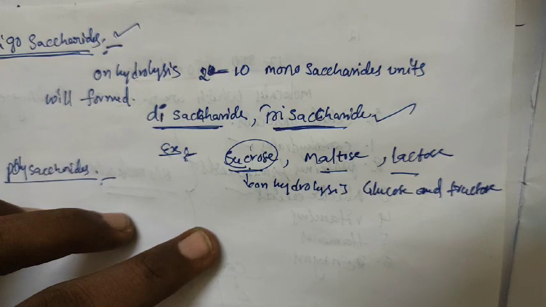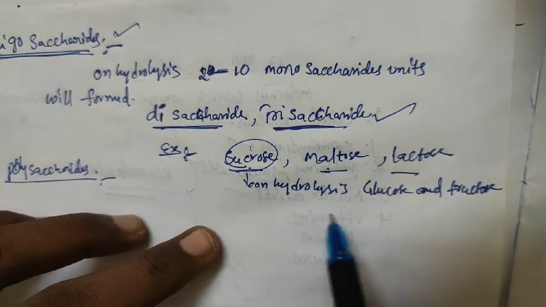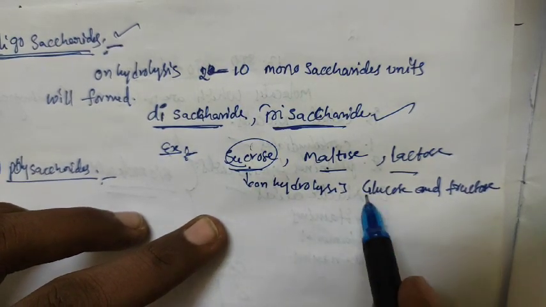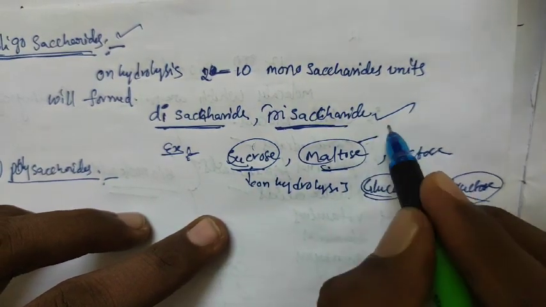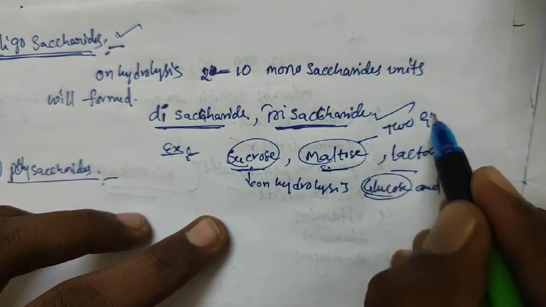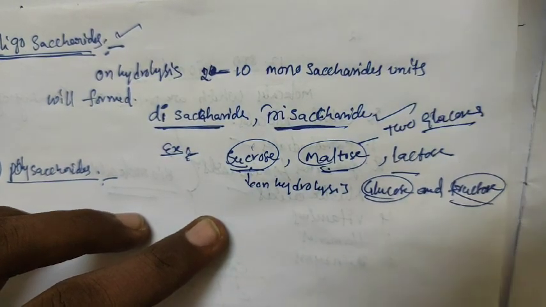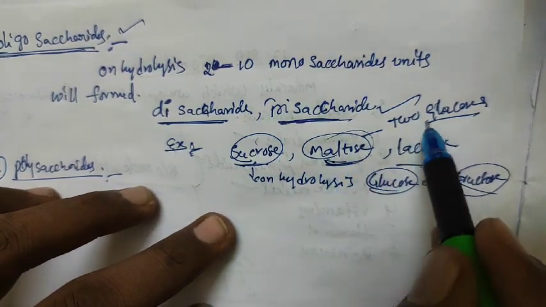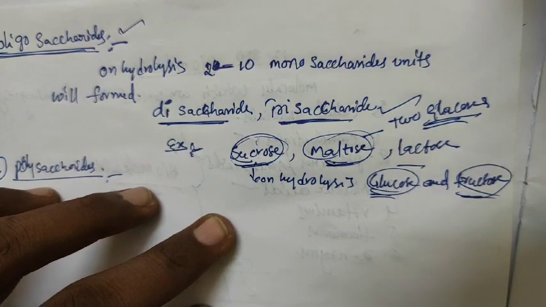But maltose gives 2 molecules of glucose, the same glucose units only, alpha D glucose, beta D glucose, which I will tell about later. So maltose gives 2 glucose units, while sucrose gives one glucose and one fructose.